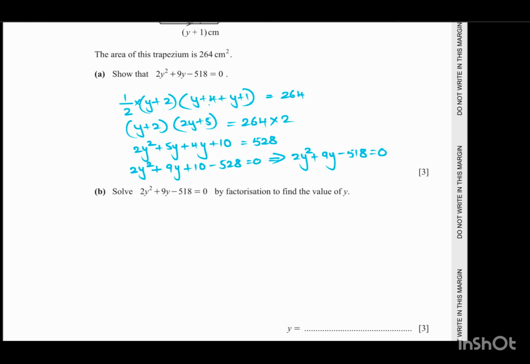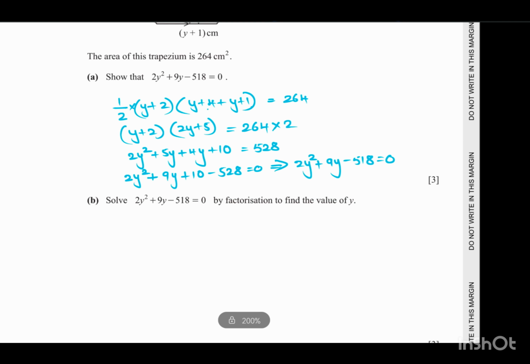Question B. Solve 2y square plus 9y minus 518 is equal to 0 by factorization to find the value of y. So we have to do factorization here. So for factorization, always we have to see that the product of the coefficient of the y square, I mean the highest degree variable, into the last term, we have to check what is that number and find two numbers whose product is that, and then sum as 9.